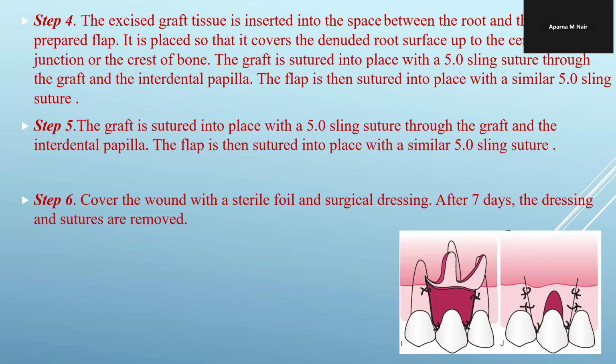The flap is then sutured into place with a similar 5-0 sling suture. Now cover the wound with a sterile foil, and a surgical dressing or perio pack is given. After 7 days, the pack and the sutures are removed.